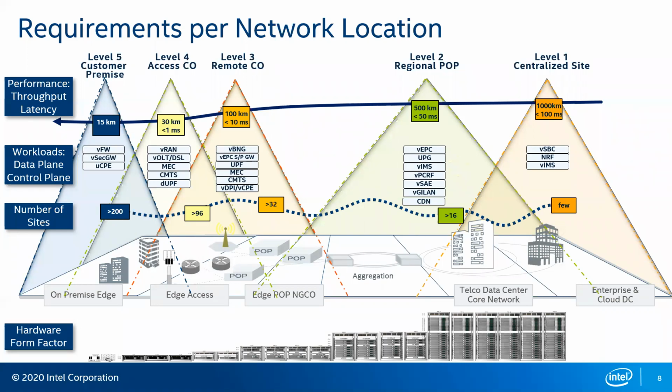All those have harsh performance requirements. While some other workloads, such as the MAC or the IMS, have less restricted requirements; those are more of what we call control plane workload.